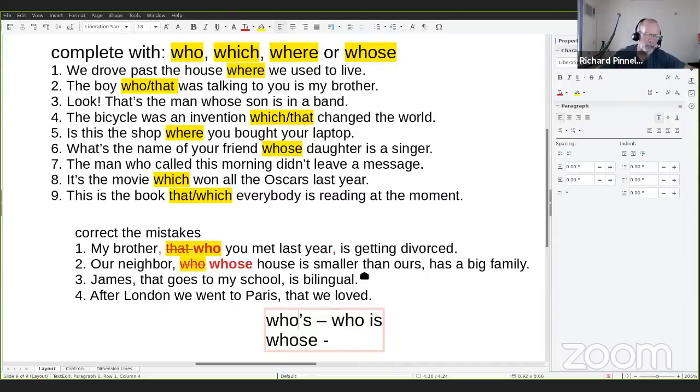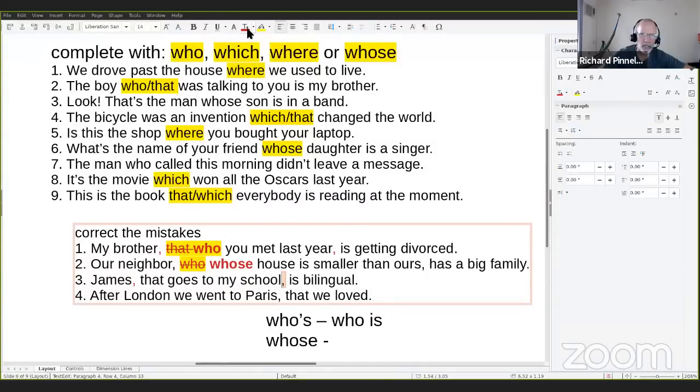Number 3, James that goes to my school. Who? Yeah, here, look, here we've got a comma. And here we've got another comma. That means that this one is non-defining. And in non-defining relative clauses, we cannot use that.